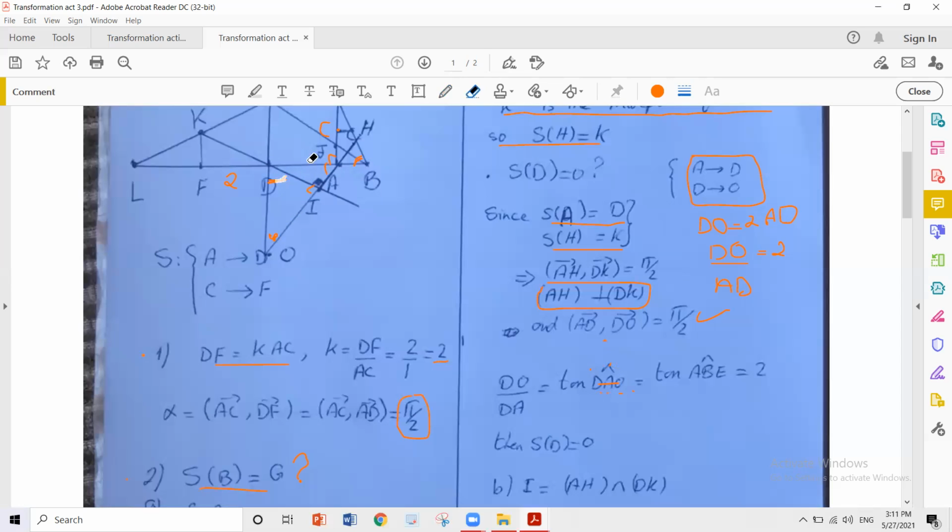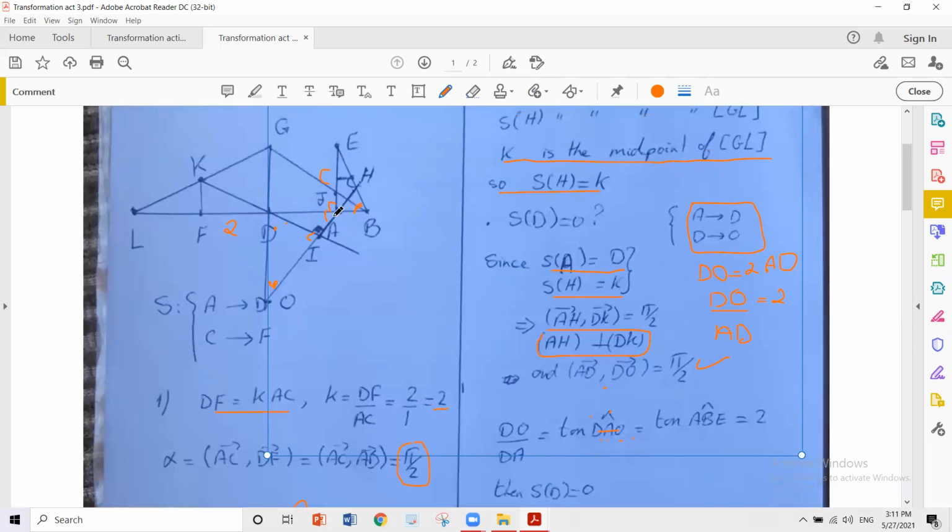Tangent of this angle: DA over DO equals tangent of ABE. This angle equals that angle.